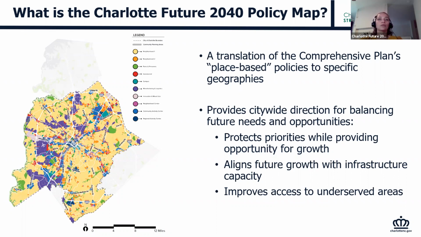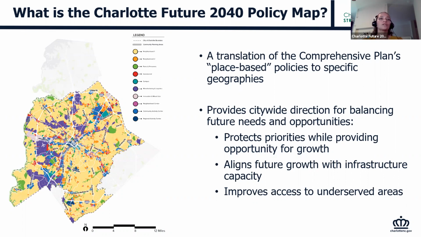For example, the map will ensure that our city can accommodate its projected growth while also protecting the features that are important to the residents, such as the natural environment and established neighborhoods. You can see that the policy map is a translation of the comprehensive plan's place-based policies for specific geographies, and we'll get into that a little later in the presentation.